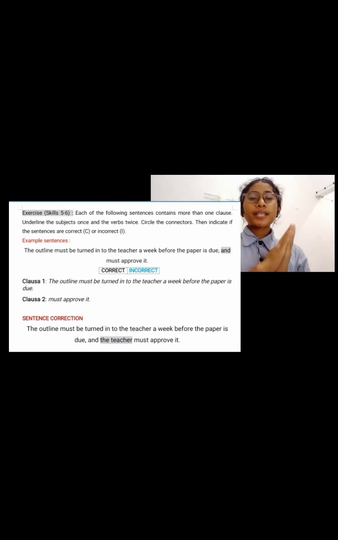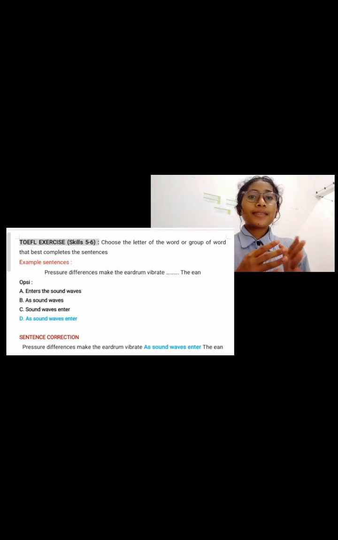TOEFL exercise skill 5 to 6. Choose the letter of the word or group of words that best completes the sentence. An example of the sentence is as follows. Pressure differences make the eardrum vibrate blank. The options are A. enter the sound waves, B. as sound wave, C. sound wave enter, and D. as sound waves enter.